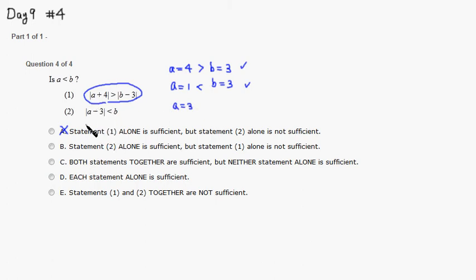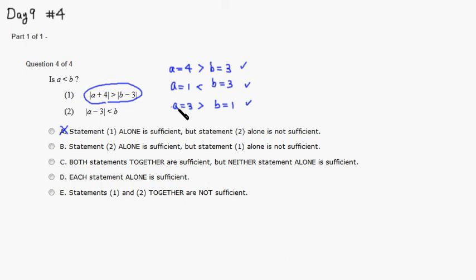So b could be just 1, right? Then you can see that 3 minus 3 is 0, b is 1, so it satisfies the inequality. And in this case, a is larger, right? And then we have to come up with something where b is larger, and this should work.